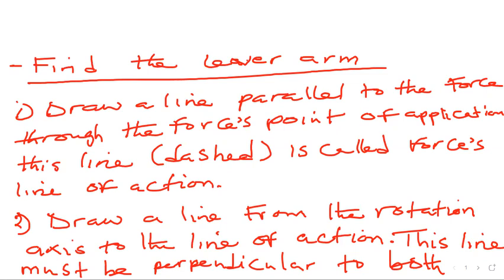So one was asking for the definition of the lever arm. We defined it in our last meeting: the lever arm is the perpendicular distance from the axis to the line along which the force is acting.